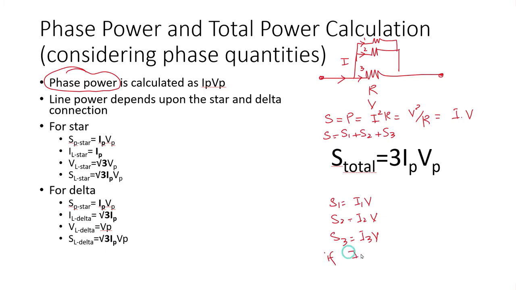If I1 is equal to I2 is equal to I3 is equal to I, then S would be equal to IV plus IV plus IV, 3 IV.